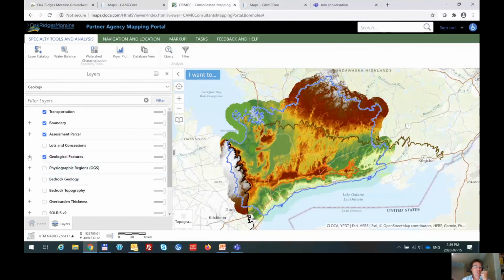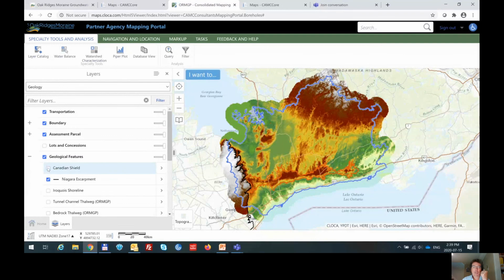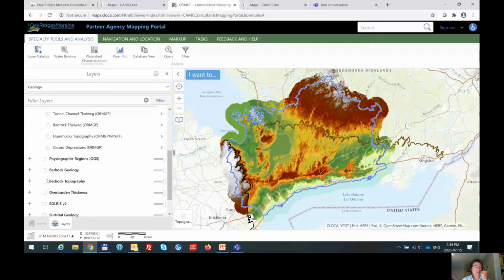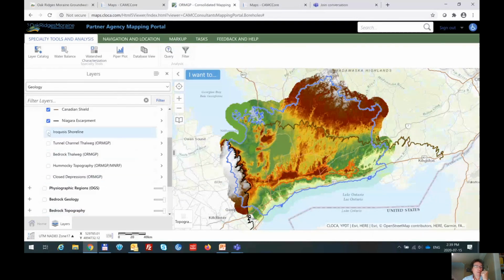We're showing a couple of geological features. So the edge of the Canadian Shield, the Niagara Escarpment, the edge of the Niagara Escarpment. I can turn on the Iroquois shoreline, which is generally about 135 meters above sea level. It's different out in the east end.